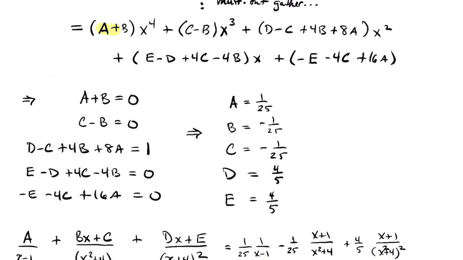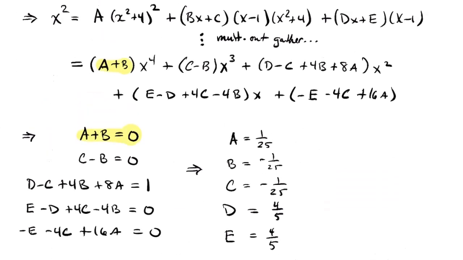The coefficient of x to the 4th is a plus b. Well, a plus b has to be 0 then, because there's no x to the 4th on this side of the equation. And so on. The coefficient of x cubed has to be 0. The coefficient of x squared has to be 1, because that's the one term that we have over there. The coefficient of x has to be 0, and the constant term has to be 0.